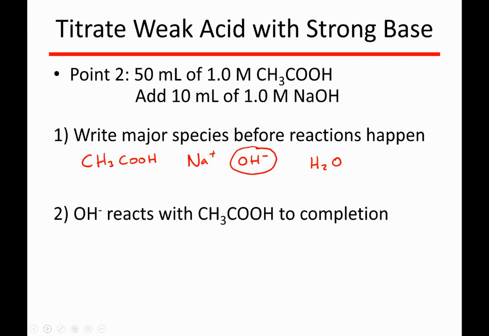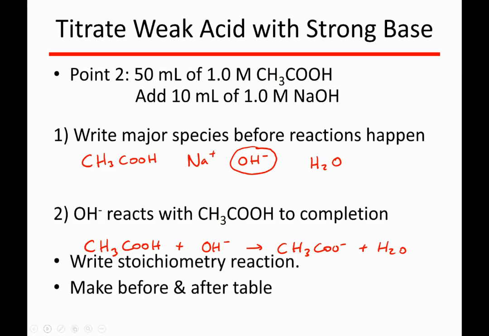Let's write out that reaction. We did that a little earlier when we considered the net ionic equation for the reaction that occurs during the titration. We have CH3COOH reacting with hydroxide to completion to make the acetate ion and water.